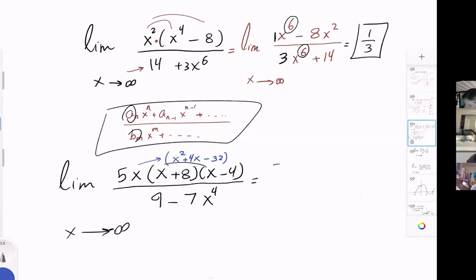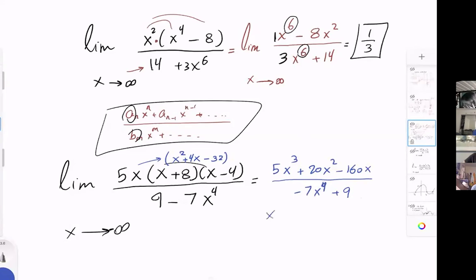I will get 5x cubed plus 20x squared minus 160x, divided by negative 7x to the power 4 plus 9. So that's what I'm going to get if you make it a standard form.